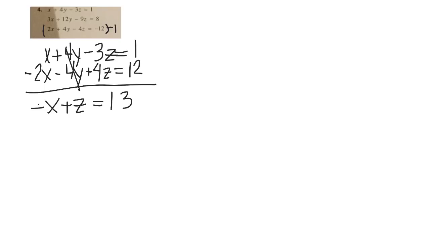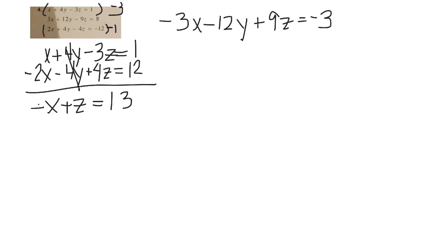Now we'll do equations 1 and 2. We'll multiply equation 1 by a negative 3. So negative 3x minus 12y plus 9z equals negative 3, and we're going to add that to equation 2.